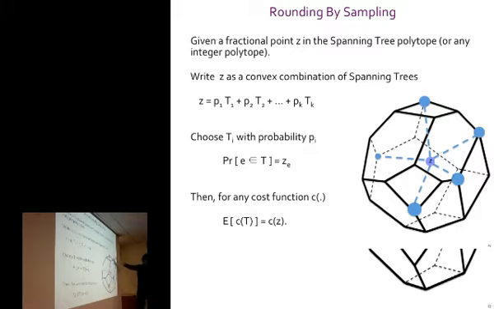Note that this method is very general. You can apply it to any integer polytope, and you can choose any convex combination you like. Let me use this degree of freedom to choose a particular convex combination to get more properties.